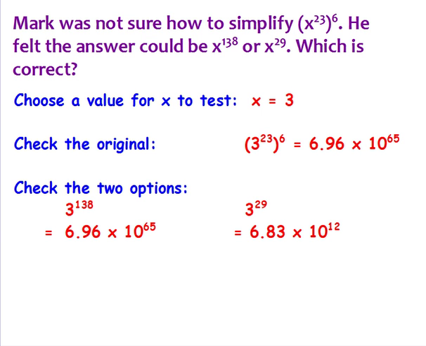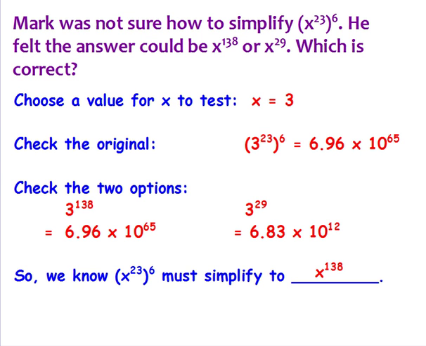Now I evaluate. So 3 to the 138th, I got the same result as the original. So I know this is my answer here. So then for every x, this problem simplifies to x to the 138th.